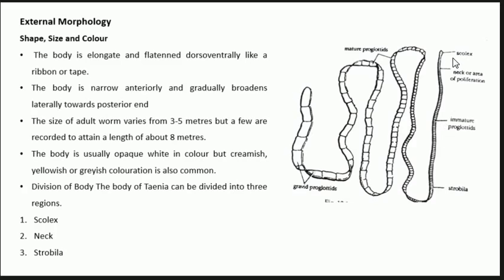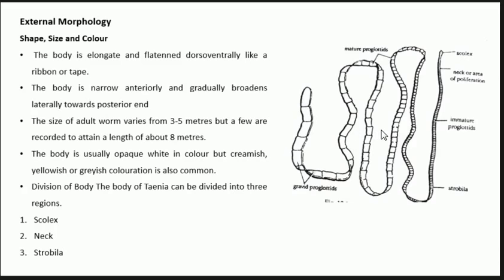First of all, it is dorsoventrally flattened because this is a tapeworm, so a very flat body. The body is narrow anteriorly and gradually broadens laterally. So the anterior portion, the head region you can say, is narrow, and it becomes broader and broader at the posterior end.